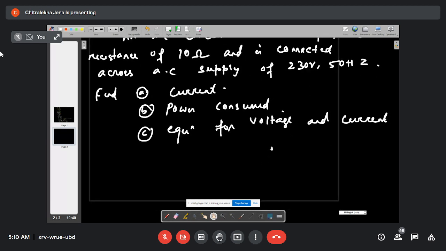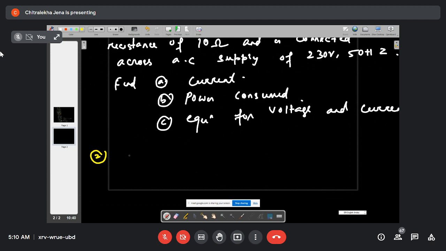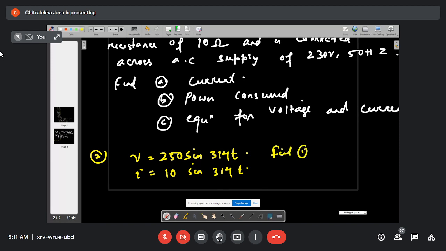Draw the circuit always. Have you drawn the circuit?